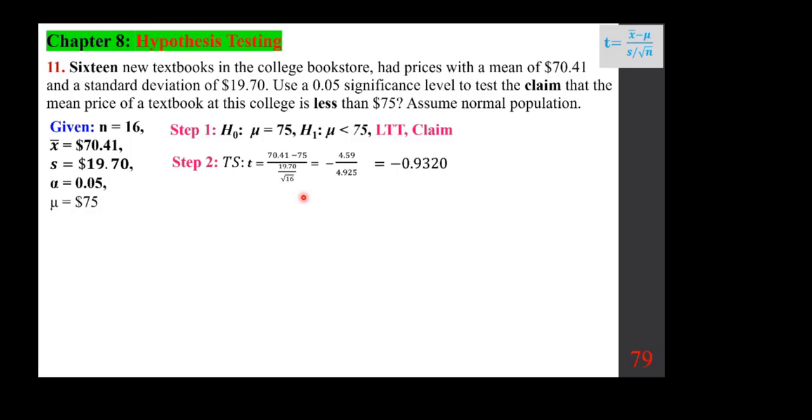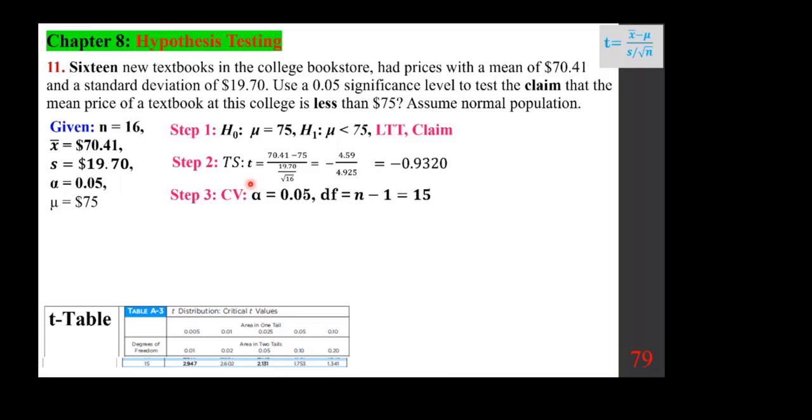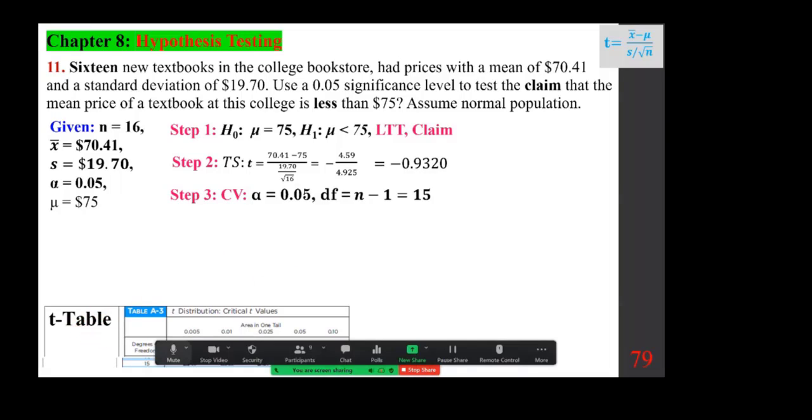Because it's a T, we need degrees of freedom, which is N minus 1. And that is 15. So alpha is 0.05. Degrees of freedom is 16 minus 1 equals 15. So when you go to the T table, look for degrees of freedom. Across that, you see a bunch of numbers.